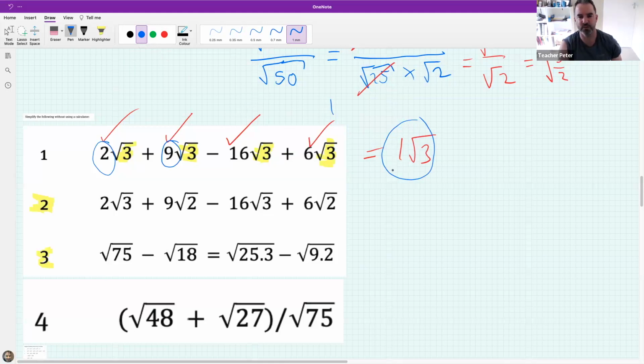Ah, yes, Buchle, yes, you can. Now, in the second one, it's a bit different because only these two are like terms, right? They both have that. And then over here, we have that. So what are we going to end up with?